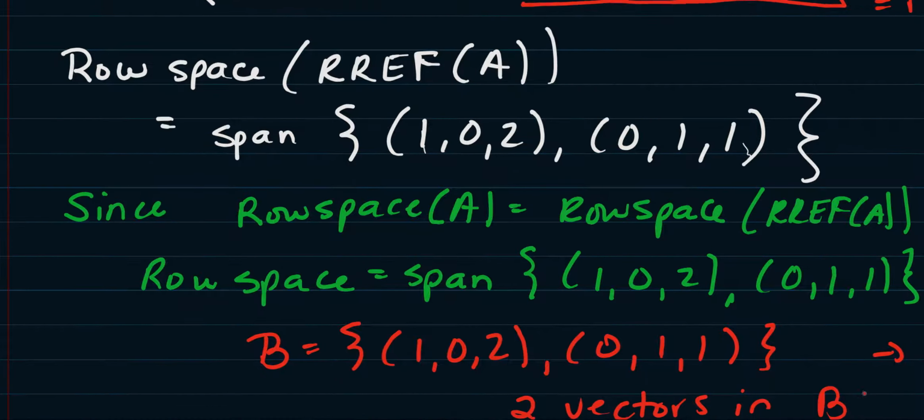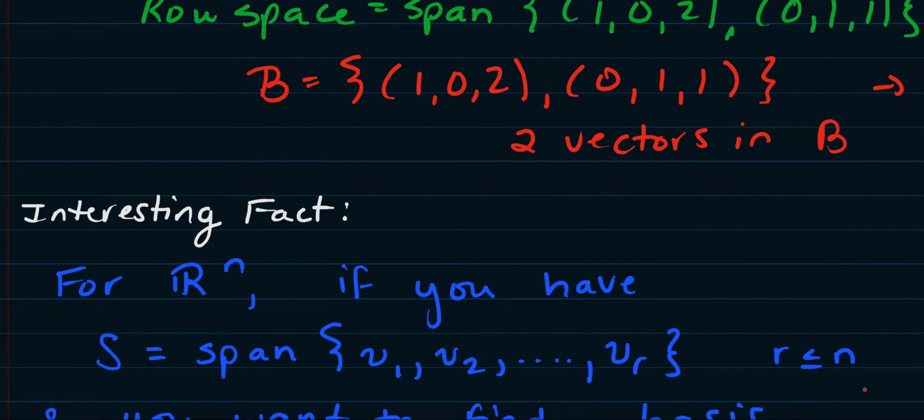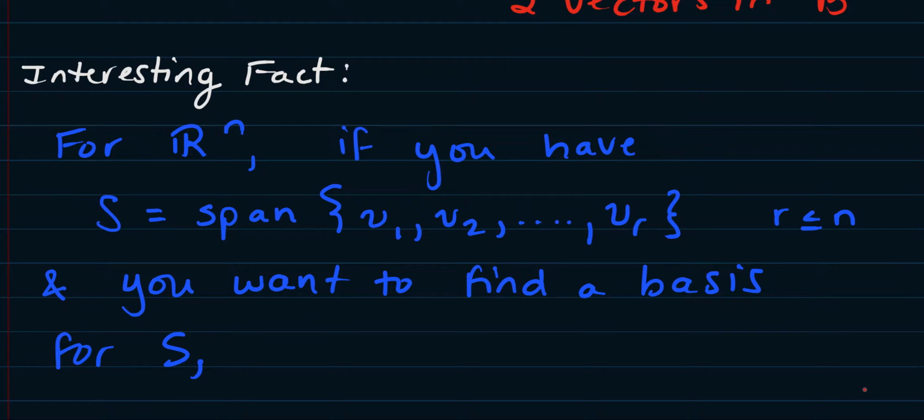Okay, let's move on. Here's an interesting fact that's based on the fact that we can put a matrix into reduced row echelon form and find the row space of the original matrix.